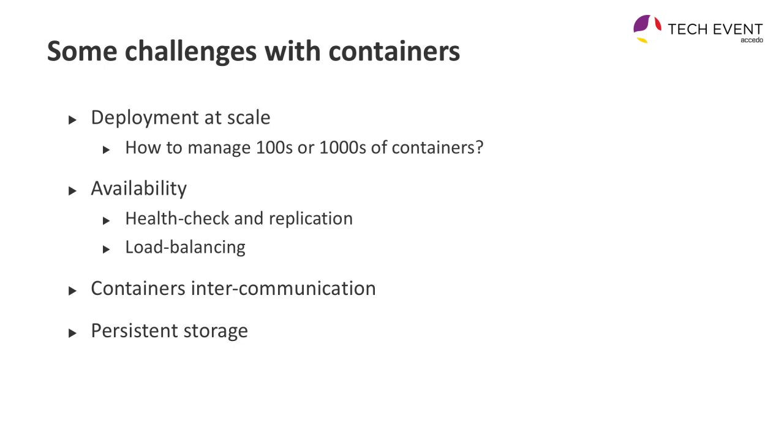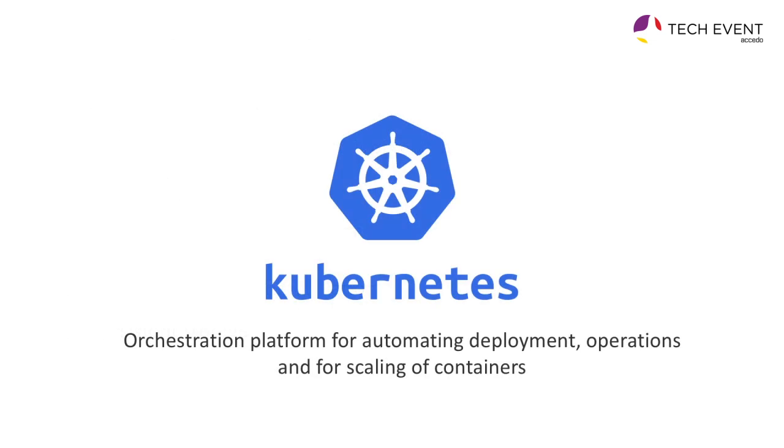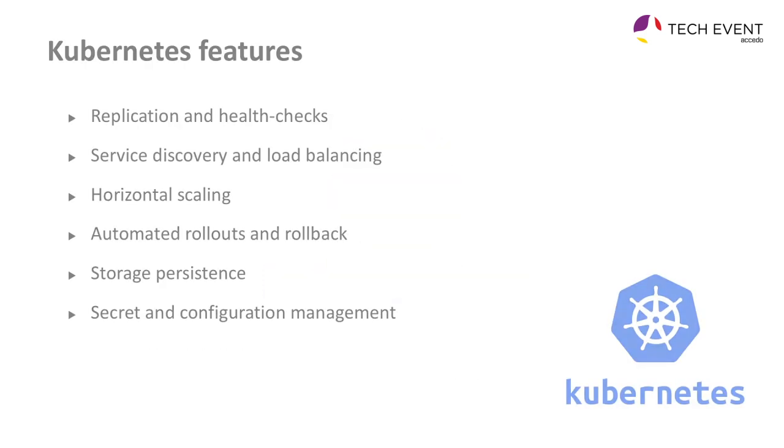In order to solve these challenges, we evaluated a couple of tools in the market, and we decided to use Kubernetes, which is basically an orchestration platform for automating deployment, operations, and scaling of containers. So how does it help us achieve that? Because of some of the features it has.